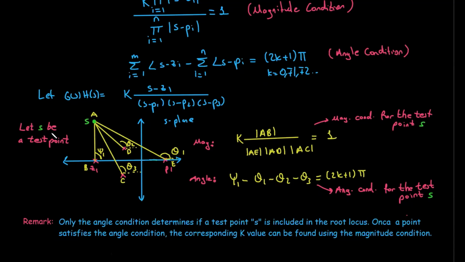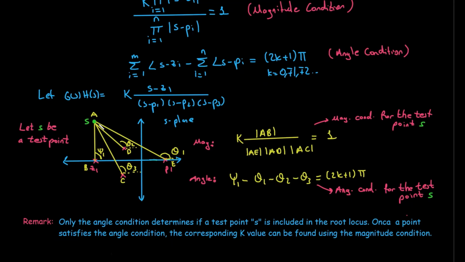But if the test point is not on the root locus, then for any positive value of k, I cannot bring the closed loop poles to that test point location. So it has that kind of meaning, rather than inspecting random points to see whether they exist on the root locus or not. So we have a purpose for that.